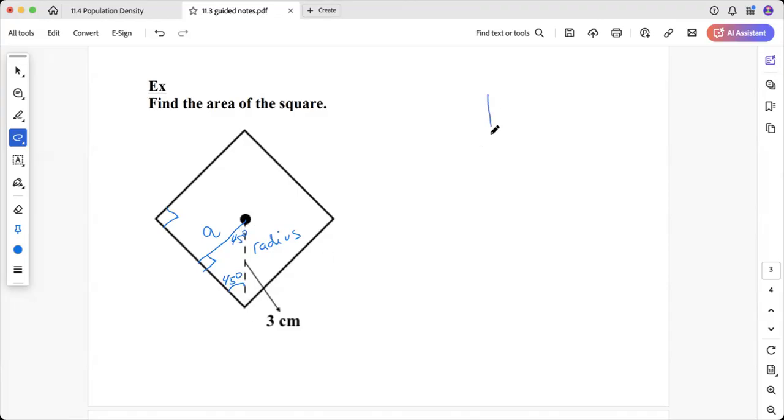So this is, remember, a 45-45-90, okay? So that means the legs are both x, and the hypotenuse is x square root of 2. So the area of a square is base times height.